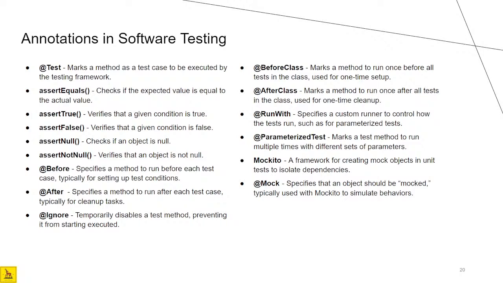We can use parameterized tests to mark a test method to run multiple times with different sets of parameters. We can use Mockito, which is a framework for creating mock objects in unit tests to isolate dependencies. That's very useful in testing. And we can use @Mock to specify that objects should be mocked, typically used with Mockito to simulate behavior. So our mock tests would be used as example tests.